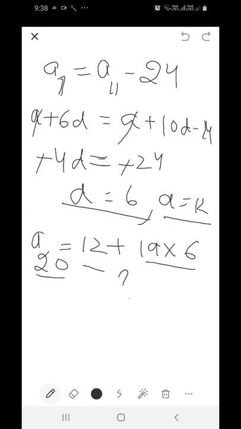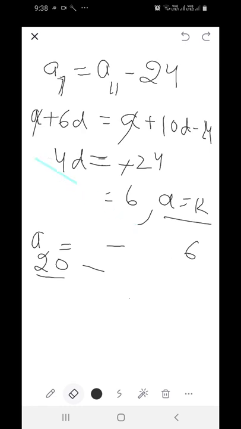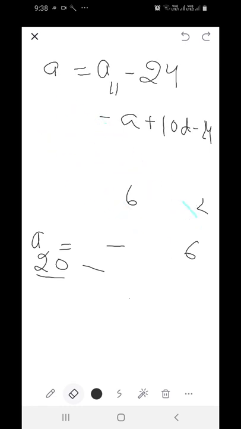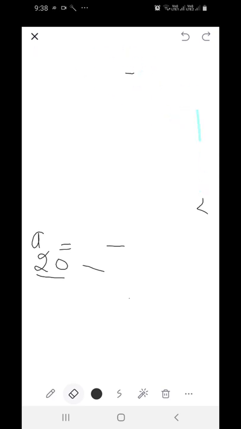Now I am taking up the 17th question, and I am taking its second part.